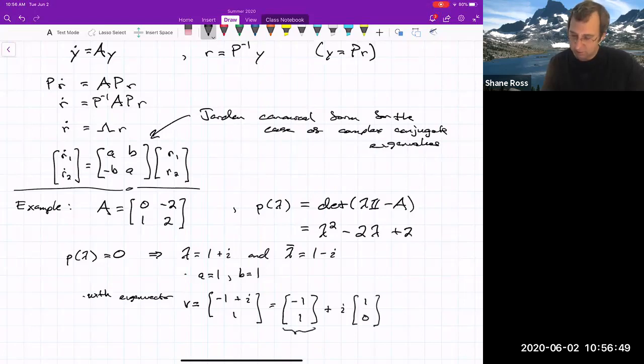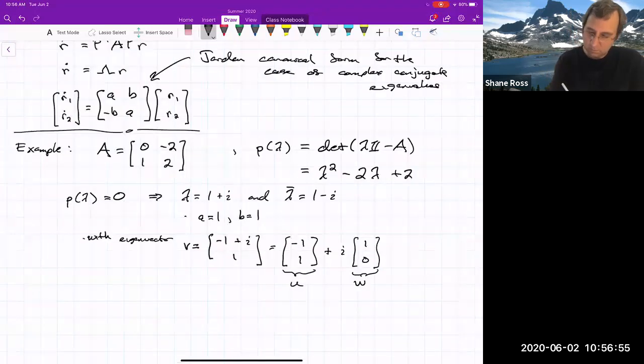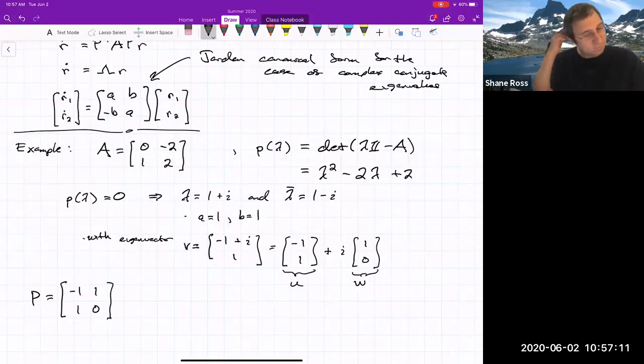So this is our u, this is our w. So P, the P matrix, which is the transformation matrix, first we write u, -1, 1, and then w, 1, 0. That's it.